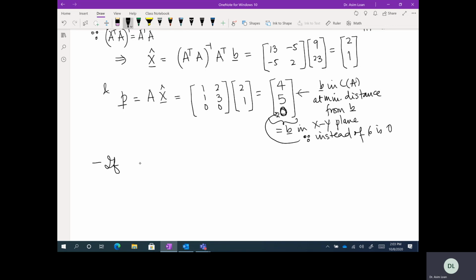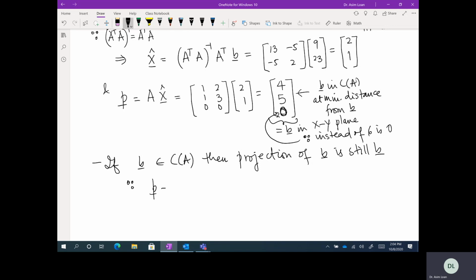Some things to note: if B belongs to the column space of A, then the projection of B is still B, because B is already in the column space. Why?